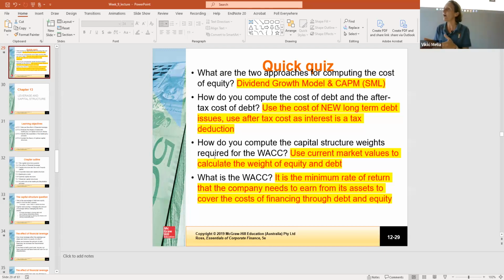Or you might decide to book an appointment at the library or with one of the learning advisors to discuss how you can start answering the assignment questions. So I'll stop sharing that one and I'll go to Canvas.